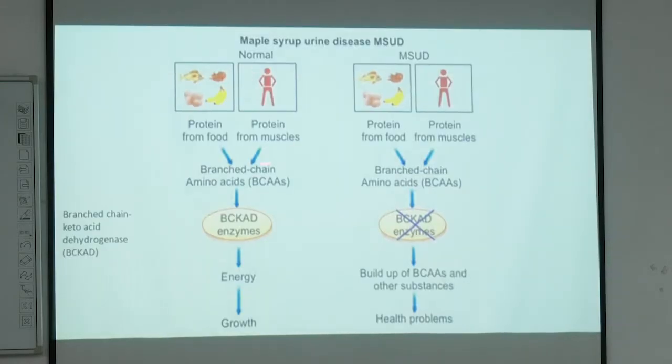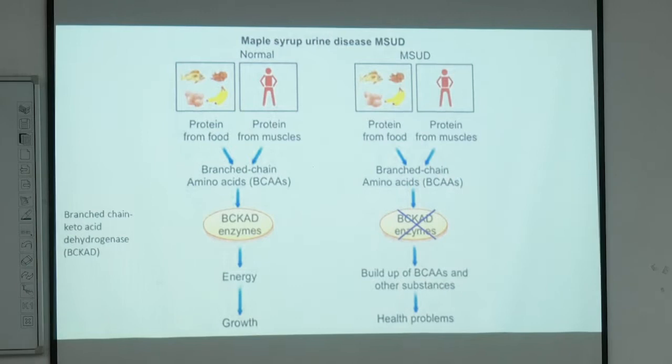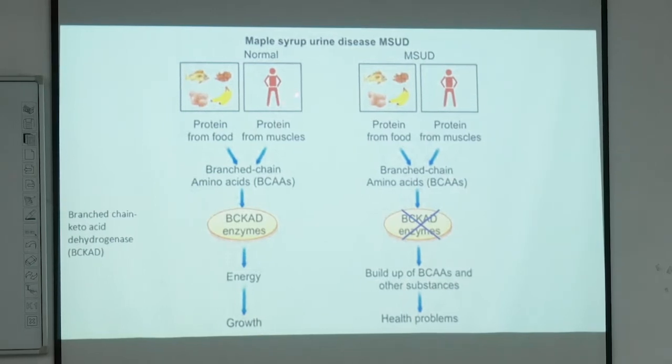The branch chain amino acids we need are coming either from the food or from muscles in our body. If the enzyme is present, it is utilized for energy and growth. When the enzyme is absent, it causes health problems, the disease maple syrup urine disease.